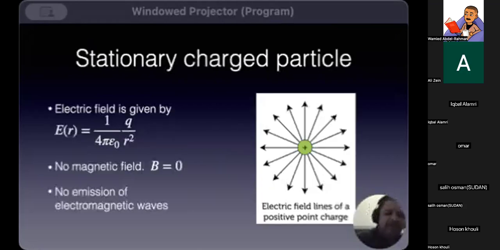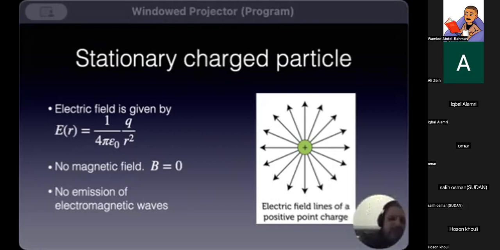So first, this is just a quick review of the basics of electromagnetism. A stationary charged particle has an electric field given by the Coulomb law, but it does not have a magnetic field. Remember, magnetic fields are produced by moving charged particles, not by stationary charged particles.